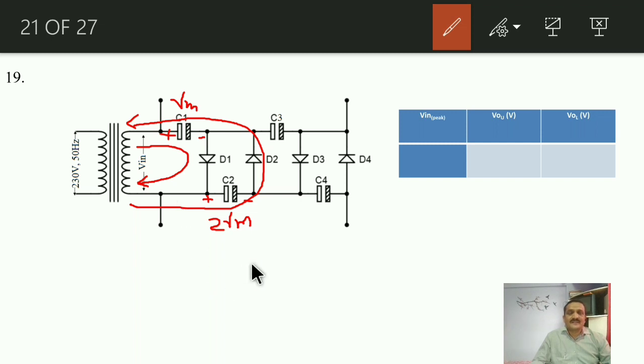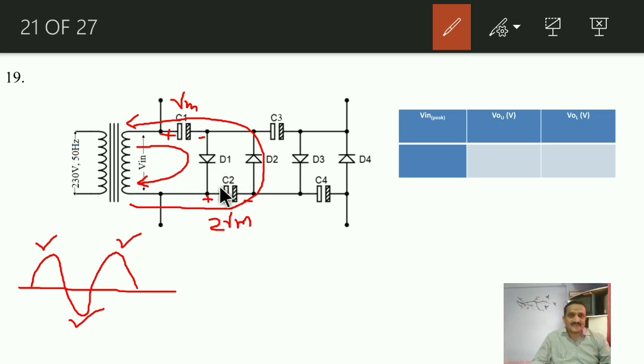Now during the second positive half cycle, remember this circuit is somewhat interesting. During the first positive half, diode D1 will conduct. During the first negative half, diode D2 will conduct. Now during the second positive half, diode D1 will not conduct.